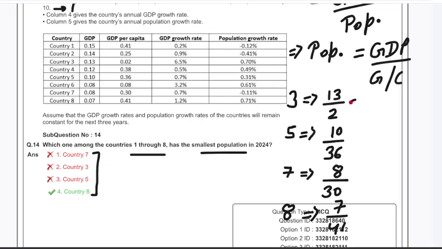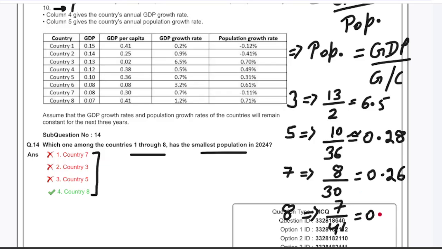Now clearly I can say this is 6.5. This, if I say, is approximately 0.2, 36 into 2, 72, 28 remainder. So approximately 0.8 if I round off. 8 by 30, that will be 0.2 something again, 0.26, let's say.